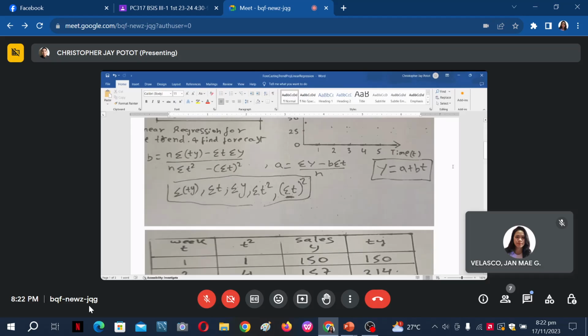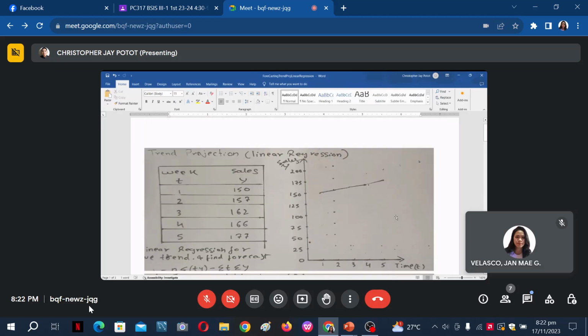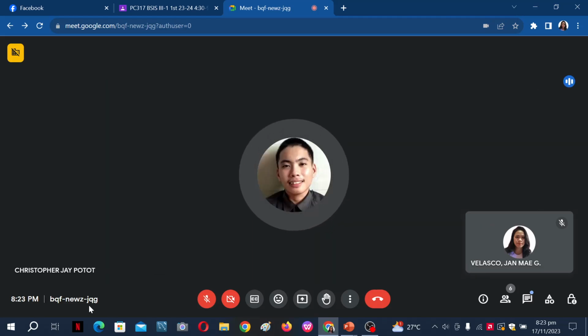So this example is only for solving the time series by fitting it in the linear regression model. And that would be all for our topic, time series. Thank you so much for listening. Have a blessed day. Thank you.